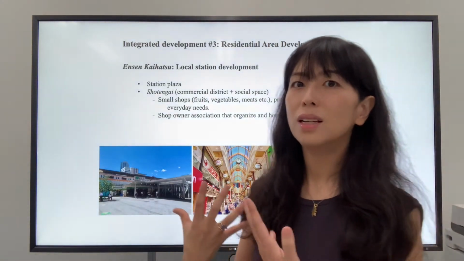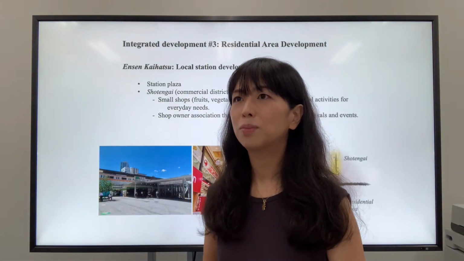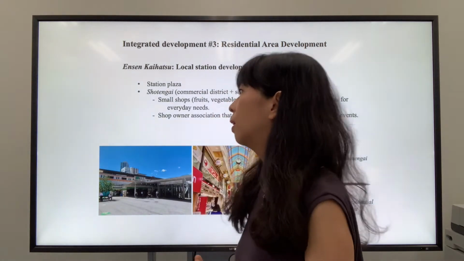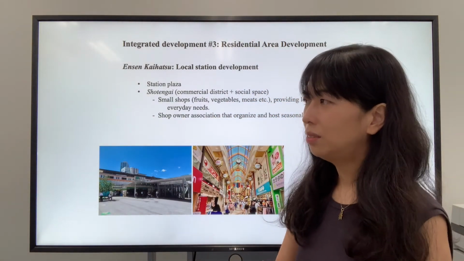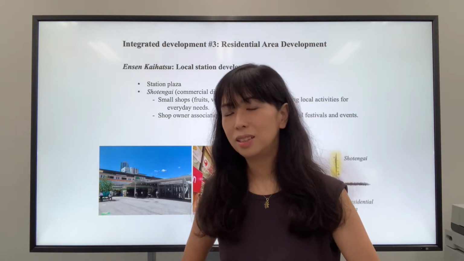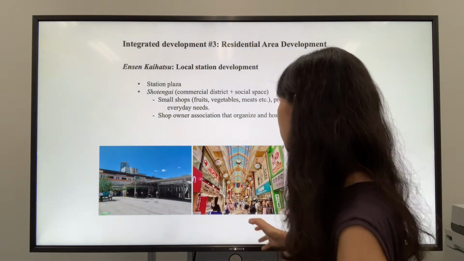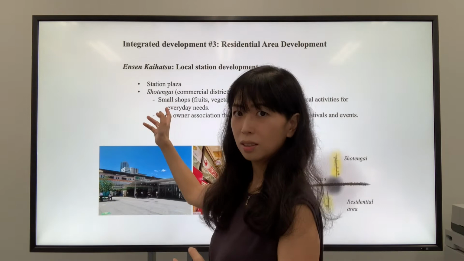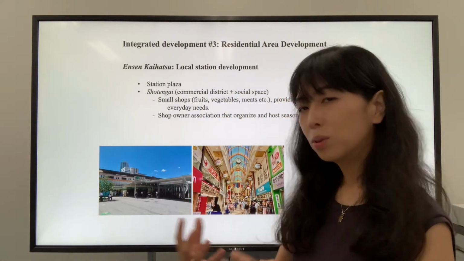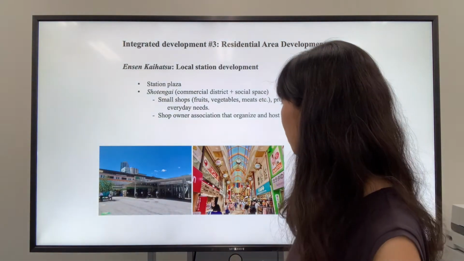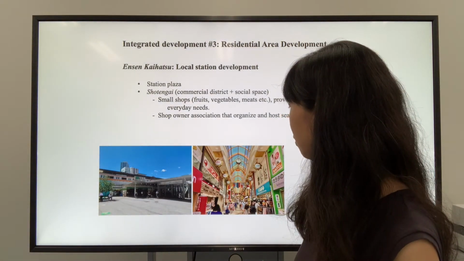So when you are living along this transit corridor, in terms of the everyday activities and everyday needs, it's all fulfilled from the Shotengai. So the Shotengai is more relatable to everyday needs.